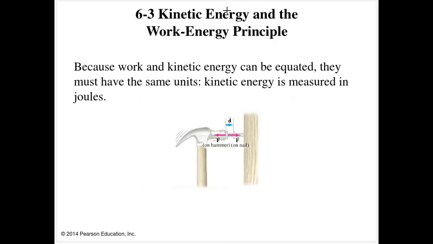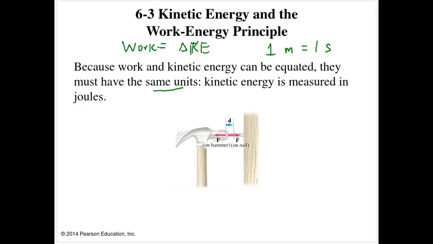And just to talk briefly about the units, because we can say that work is going to be equal to a change in kinetic energy, then that means that they must have the same units, right? You cannot say that 1 meter is equal to 1 second.